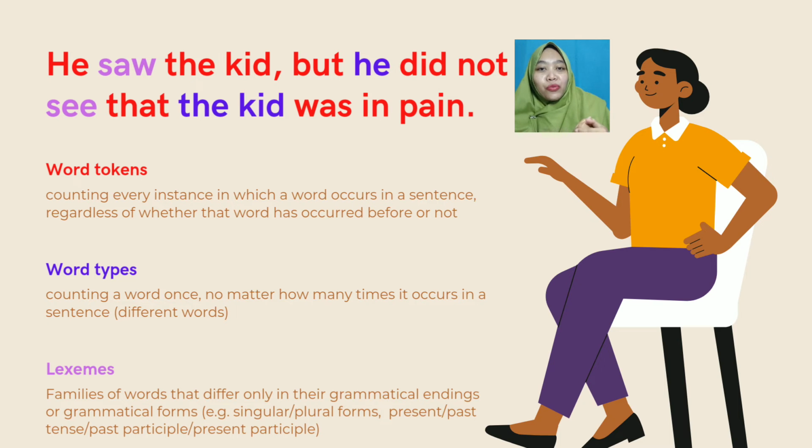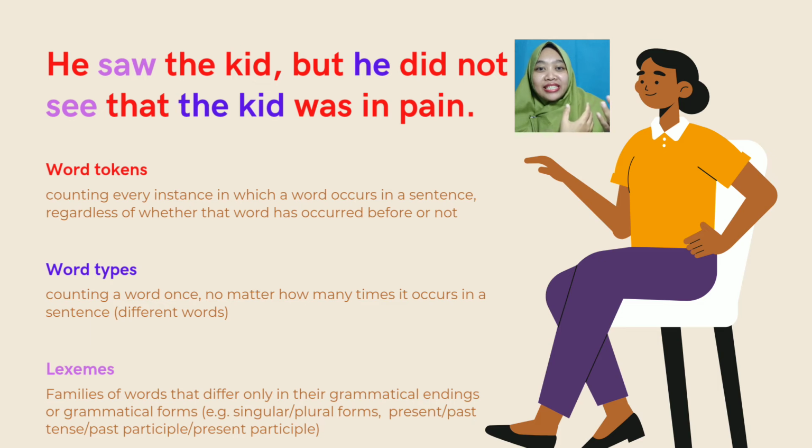And then the last one is if you consider the grammatical endings or the grammatical forms that occur in the sentence, it means that you are counting word lexemes. For example, if you count the words see and saw as one word, it means that you are counting word lexemes. Why?